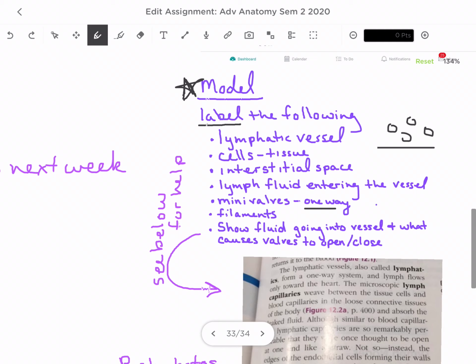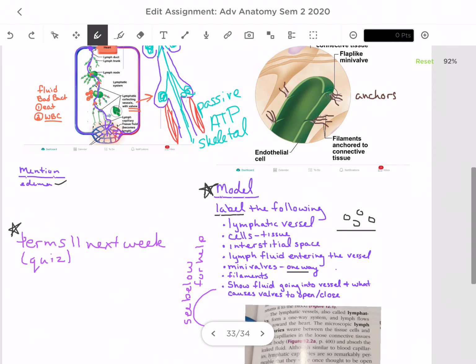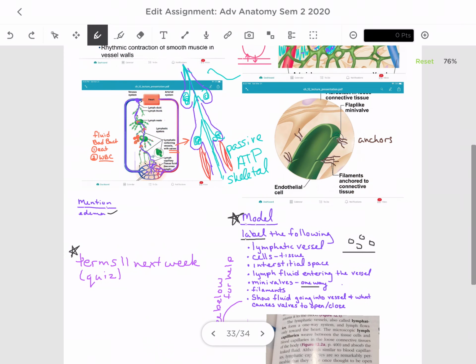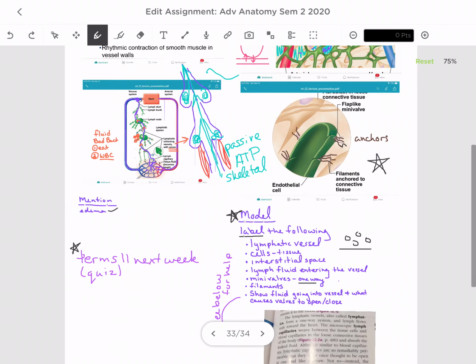And then I would also like you to show the fluid going into the vessel and what causes the valves to open and close. So if we go back to maybe this picture, remember when we were talking about the fluid going into the vessel? That's what I would like for you to show.